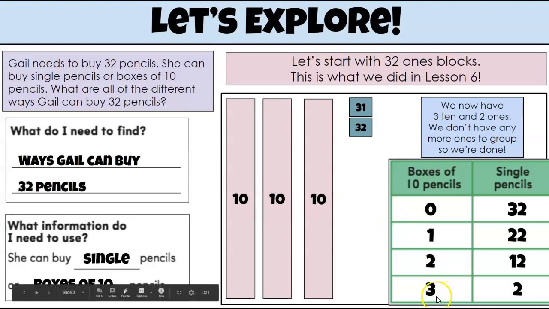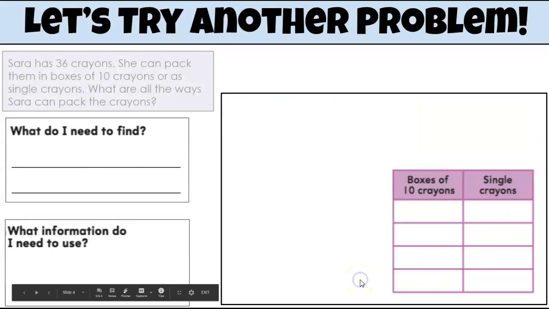If you're thinking that you would write 32, that would be correct. But remember that we're figuring out what are all the different ways Gail can buy 32 pencils. So we're just thinking about it a little bit differently than we normally do. All right, let's try another one.